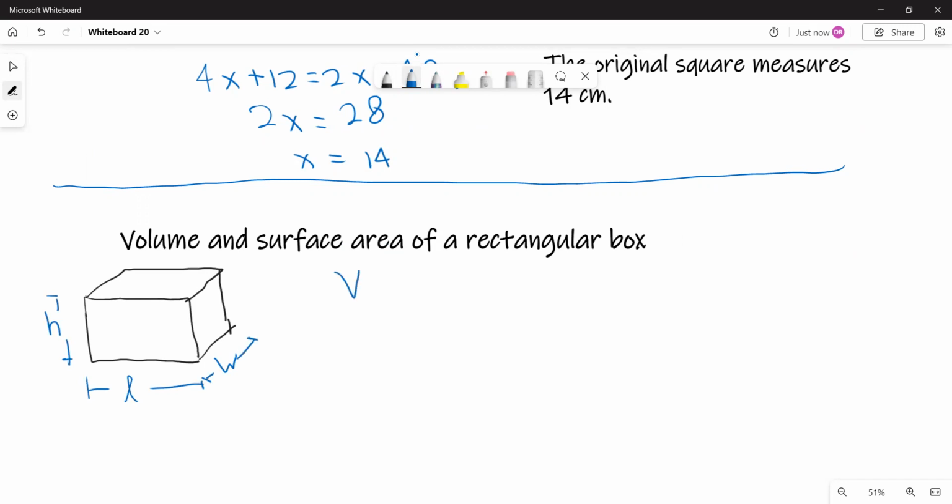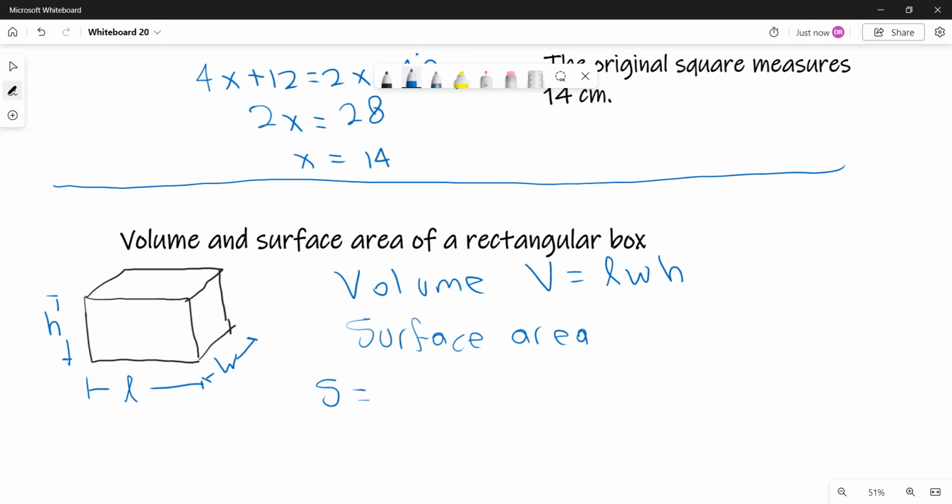The volume, we're not going to use the volume in this section, is the product of the length times the width times the height. And the surface area, it's going to be S. That's the sum of the areas of each of the faces.